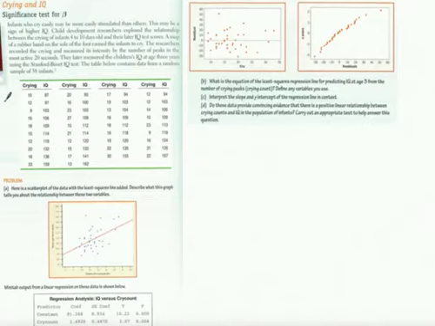All right, so an example for significance tests for slope. Infants who cry easily may be more easily stimulated than others. This may be a sign of higher IQ. Child development researchers explored the relationship between the crying of infants 4 to 10 days old and their later IQ test scores.